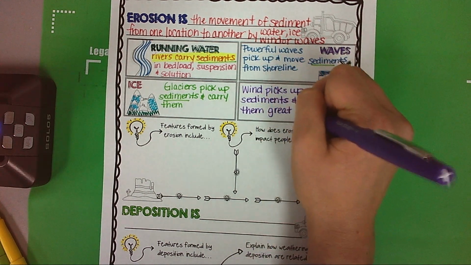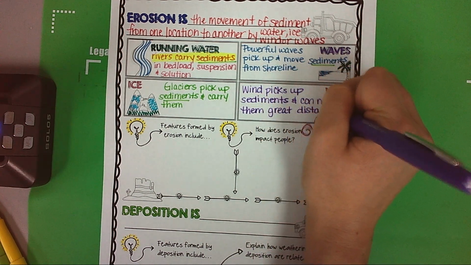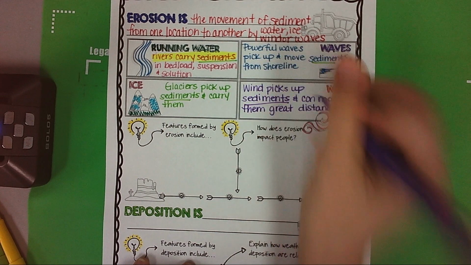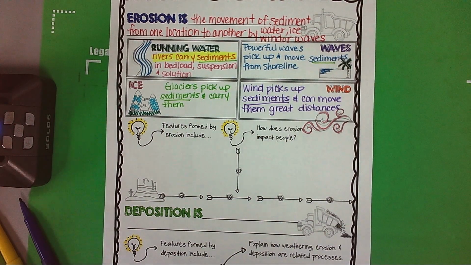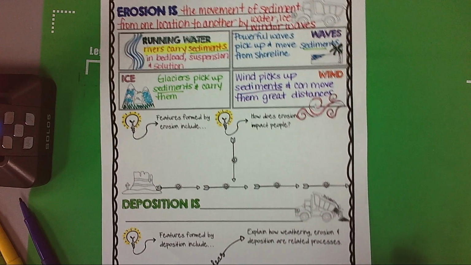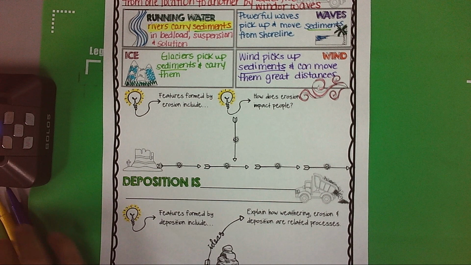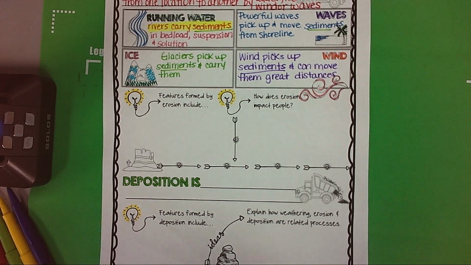From where the wind picks it up, the rocks can move far away from their original location. So once again, here's the key word, sediment. We know that weathering happened before this because there were sediments that were moved. So erosion moves the rock, moves the sediment.